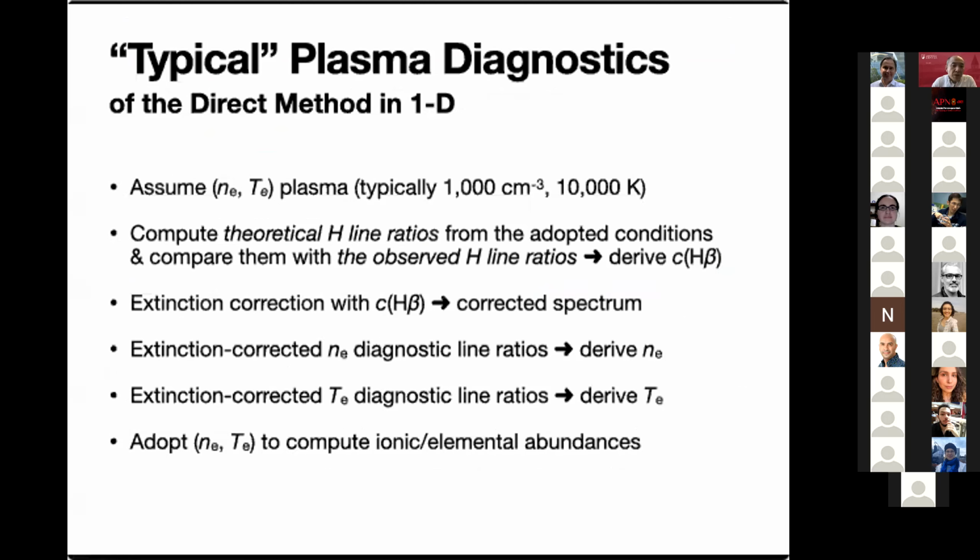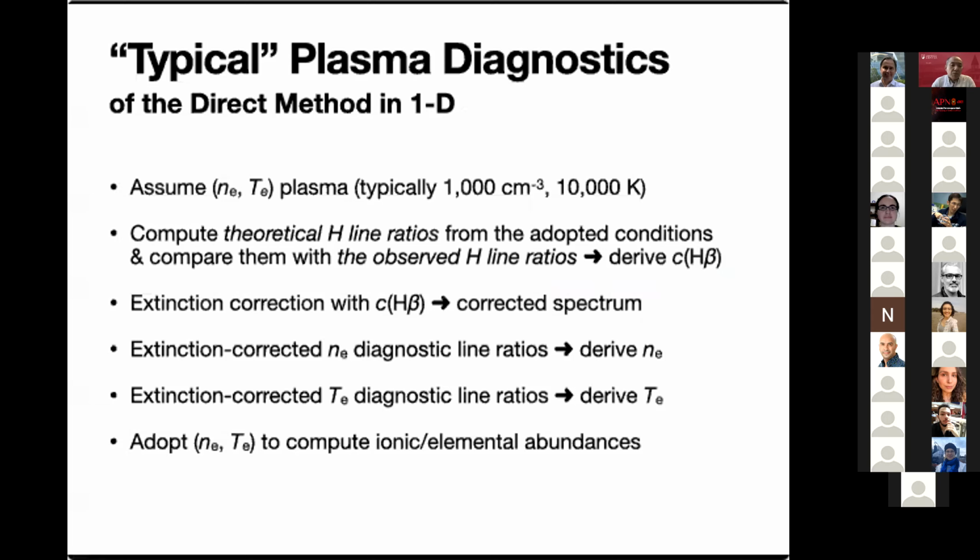You do that because you want to compare that with your observed line ratio, and that will give you the amount of extinction. Then you use that extinction to correct your spectrum, and use the extinction-corrected spectrum to do the plasma diagnostics.